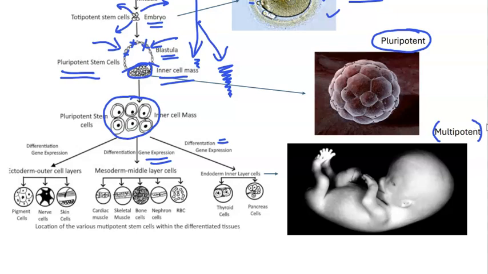Now within a multipotent cell, for instance, if we take an example here of the pancreatic cells, within the pancreas there are cells which have specialized into the various parts of the pancreas, but there are still stem cells in there, and they are multipotent. Now those stem cells have the capacity to divide and specialize, differentiate into any kind of pancreatic cell. So they still have the ability to form pancreatic cells, but not other tissues.